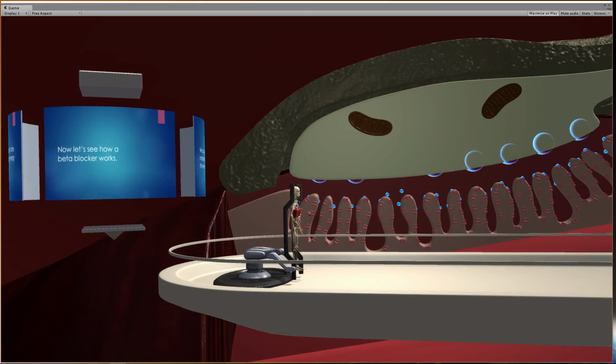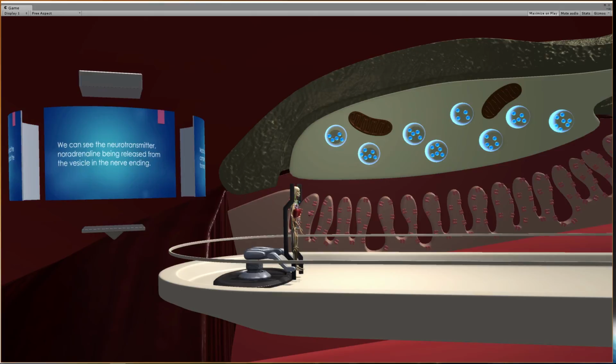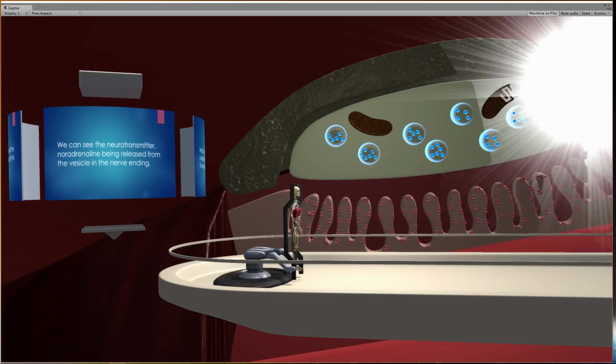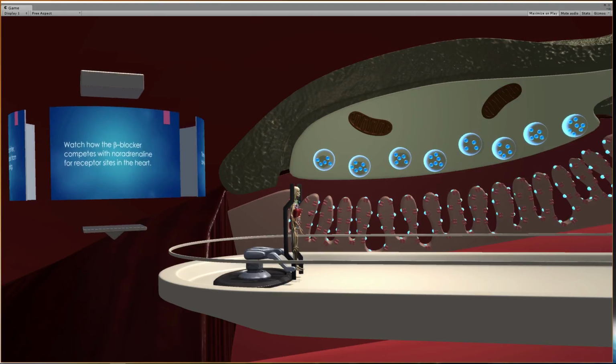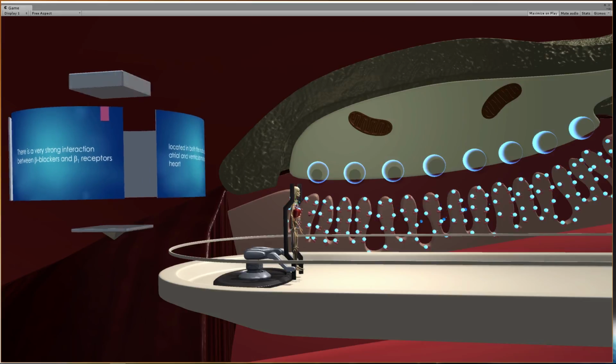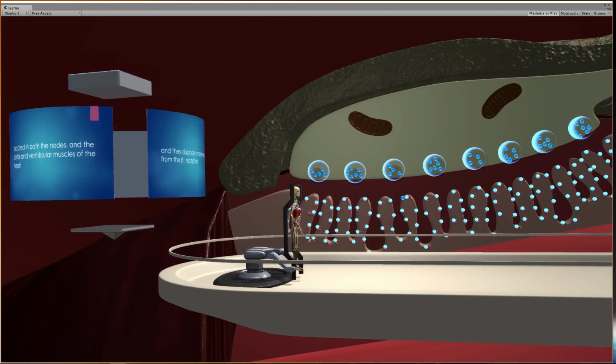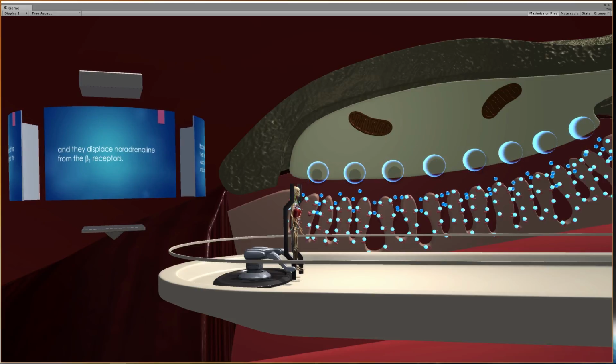We can see the neurotransmitter noradrenaline being released from the vesicle in the nerve ending. Watch how the beta blocker competes with noradrenaline for receptor sites in the heart. There is a very strong interaction between beta blockers and beta-1 receptors located in both the nodes and the atrial and ventricular muscles of the heart, and they displace noradrenaline from the beta-1 receptors.